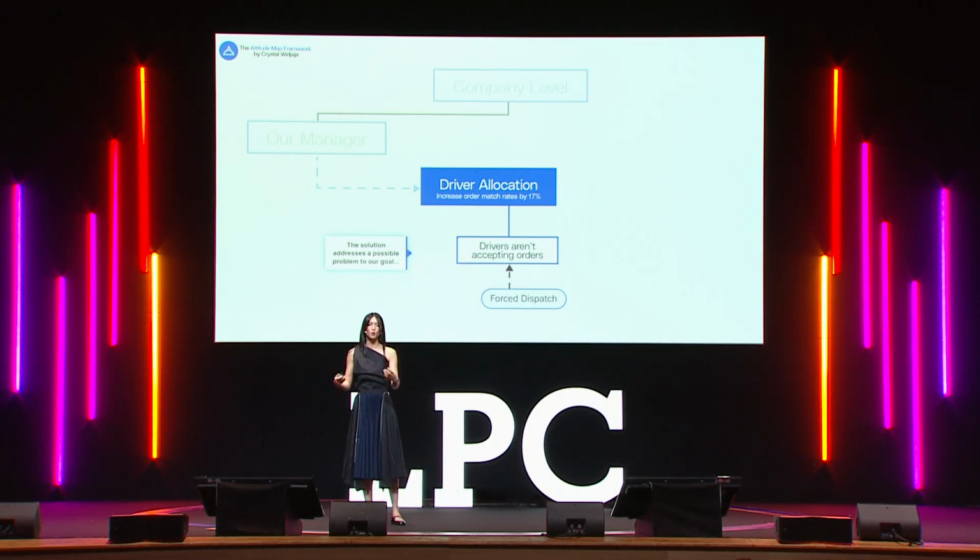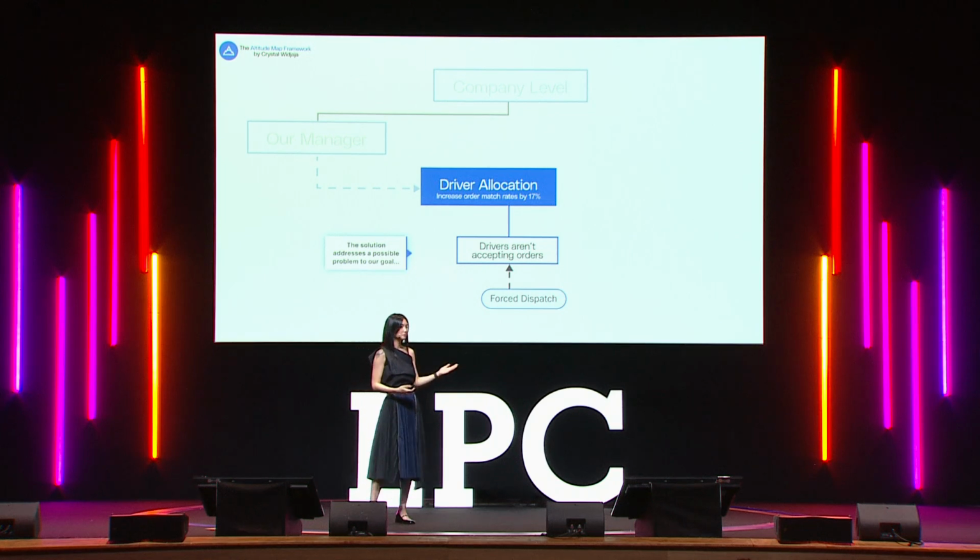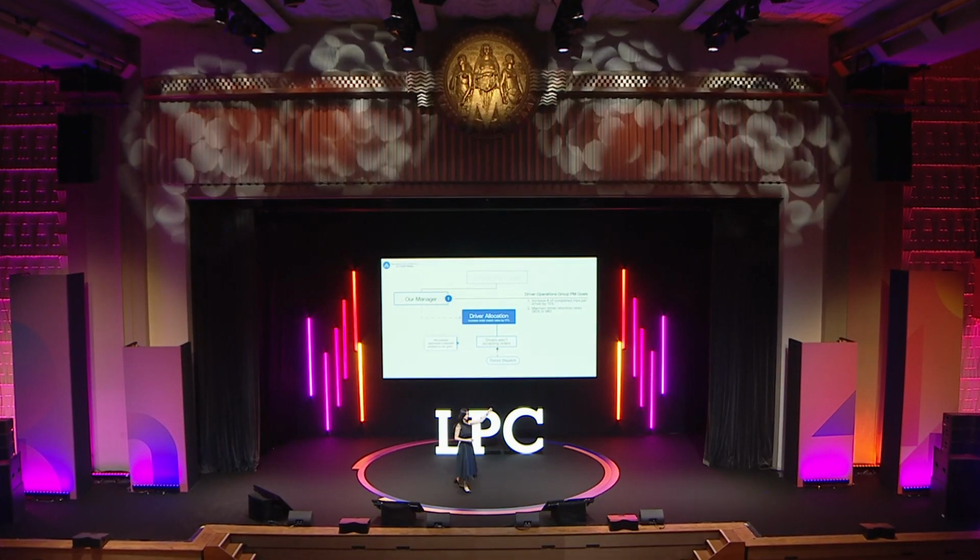The reason why order match rates haven't increased by 17% is because drivers aren't accepting orders. Make sense? But a good product manager does not rely on just their own goals. They consider the goals of others around them. And so, what are our managers' goals?